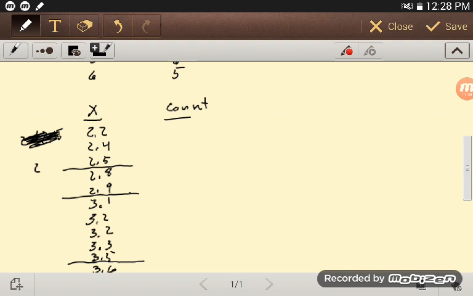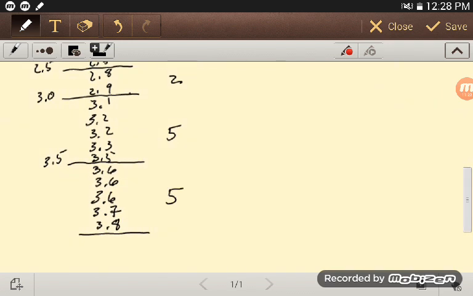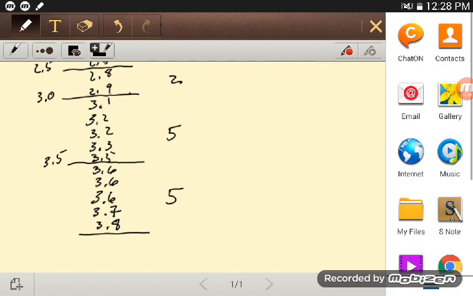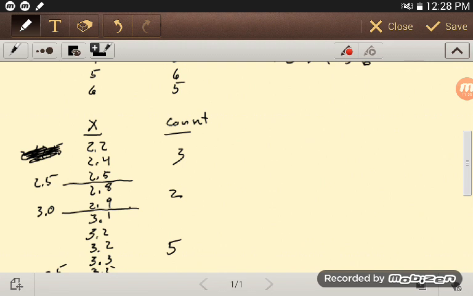So this line is at 2.5, 3.0, 3.5. If I looked at this count, I'd have 3 things there, 2 things there, 5 things there, and I think 5 things here. And now I would build a histogram.